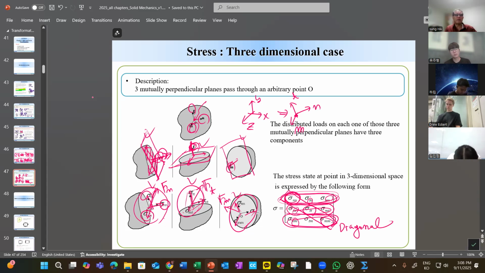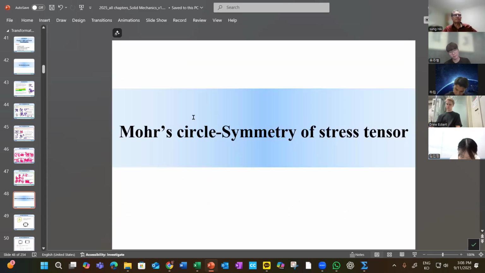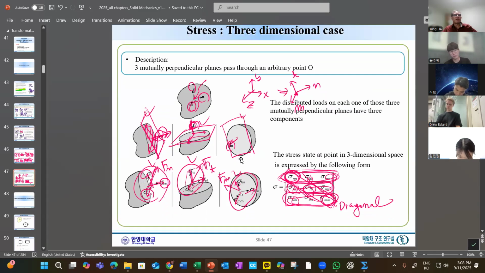This diagonal term always represents a normal component, and the off-diagonal one is a shear component. Okay, let's move on.